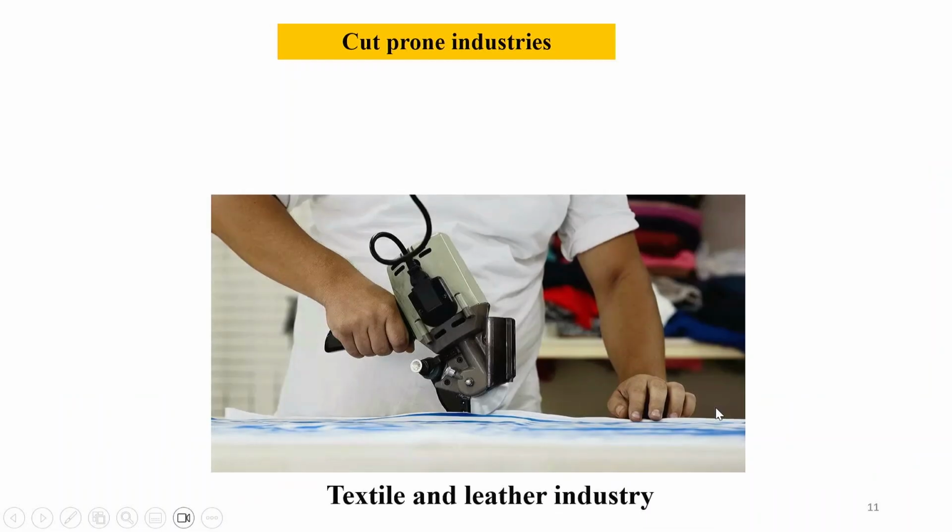Like in textile industries also you can see that a sharp object is there, like a sharp cutter trying to cut multi-layer textiles. Here the chances of cut are always there. So, these are some of the industries. Apart from that, anywhere where the chances of cut are there, we should use cut protective textiles.